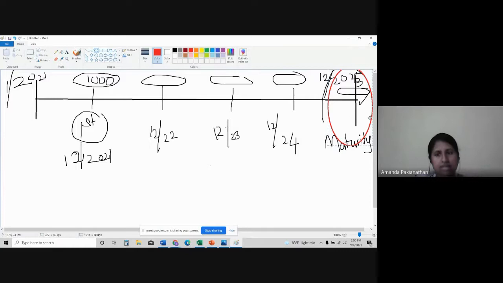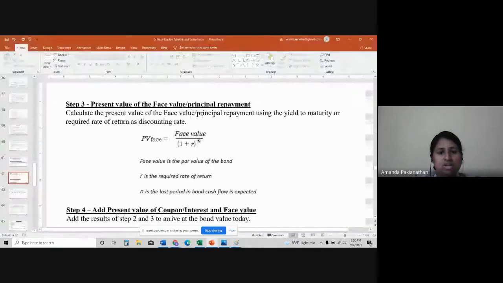So when you discount, you have the face value divided by the required rate of return. Now remember, you need to consider this for the timing of the cash flow as well. What is the timing of the cash flow? When are you going to get this? In the last coupon period.